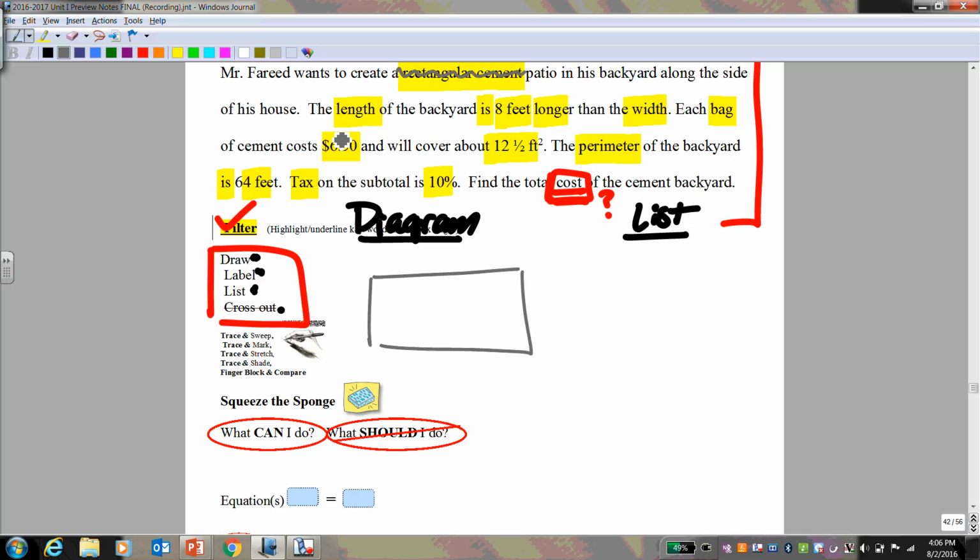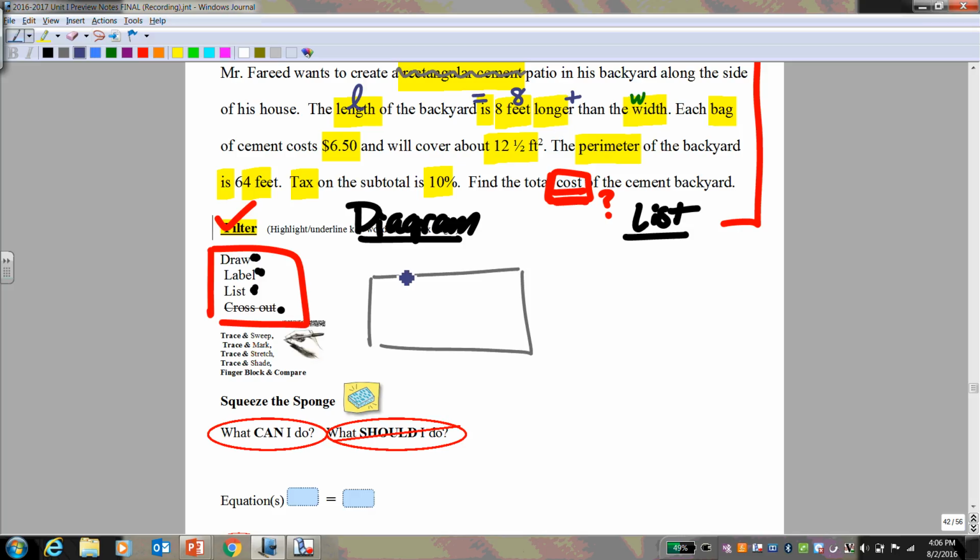The length, like the word L, is an equal sign, 8 feet longer than, that's not 8 times as long, but 8 longer than, so that's a plus concept, the width. So we write that down on the diagram.